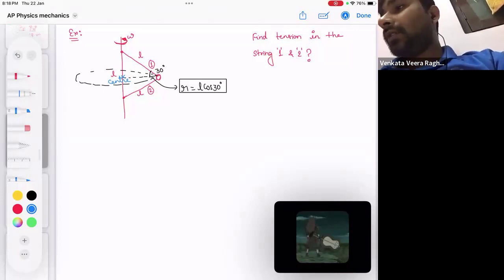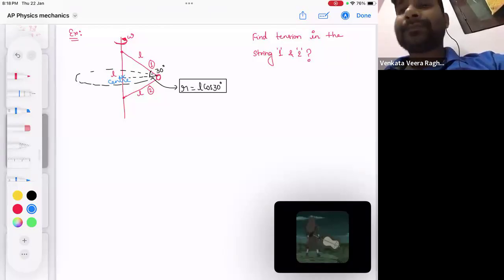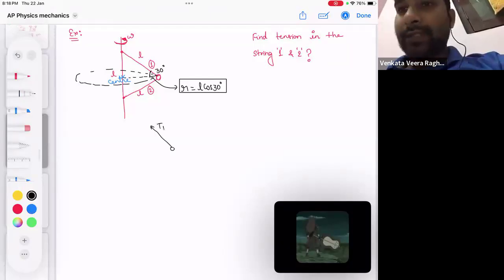So please tell me how much is this coming? Getting this one? Check it. See, if you draw the free body diagram, this string tension T1 will come, other string tension T2 will come, and this angle is 30 degree, this other angle is also 30 degree, and one more force is going to be mg.